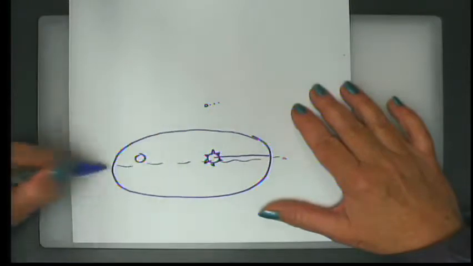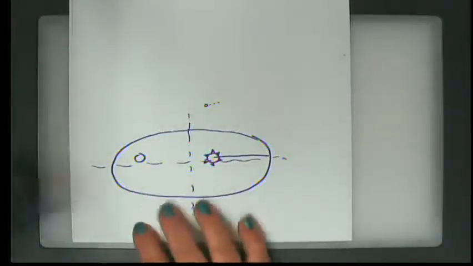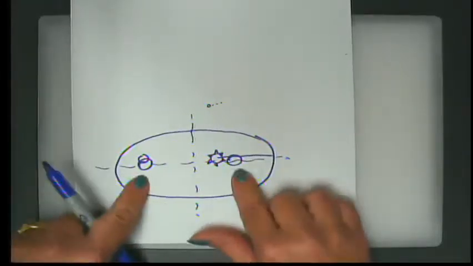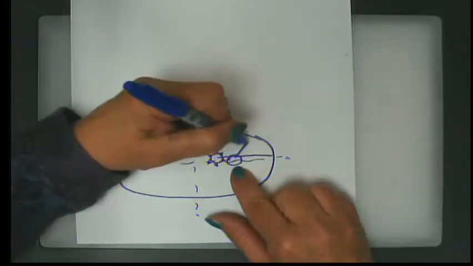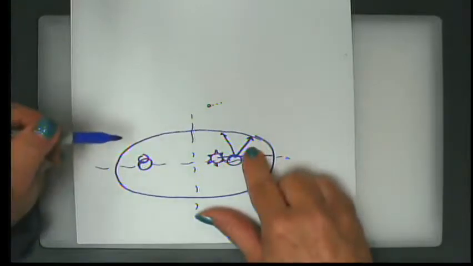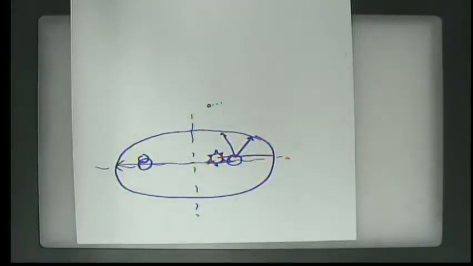They call this the semi-major axis, and this the semi-minor axis, and the foci are right here and right here, equidistant from the edges. And so the sun would be at one of the foci, and the speed here is going to be different than the speed here because it's proportional to the distance from the planet.